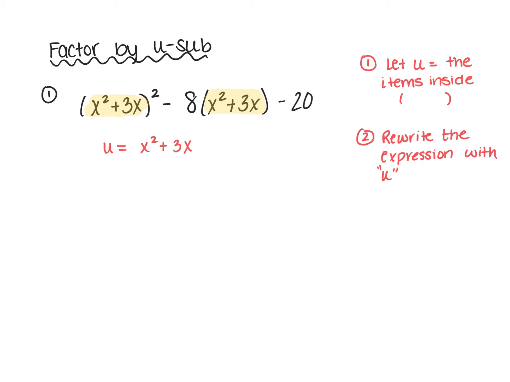So that's me rewriting it. This here is step two. So I could even put the steps here on the side. This is step one. This is step two. So step three, factor the expression with u's.